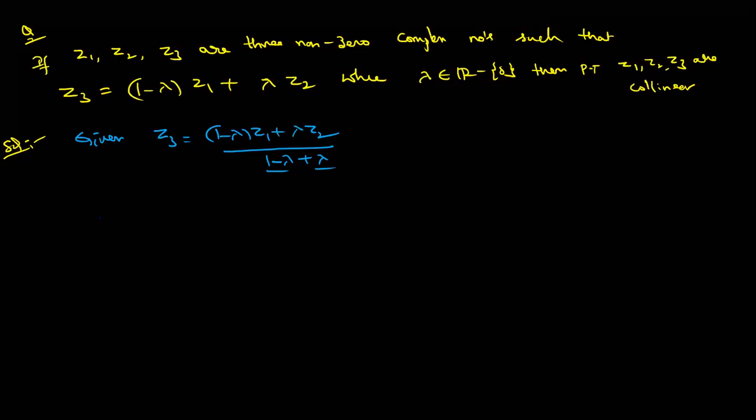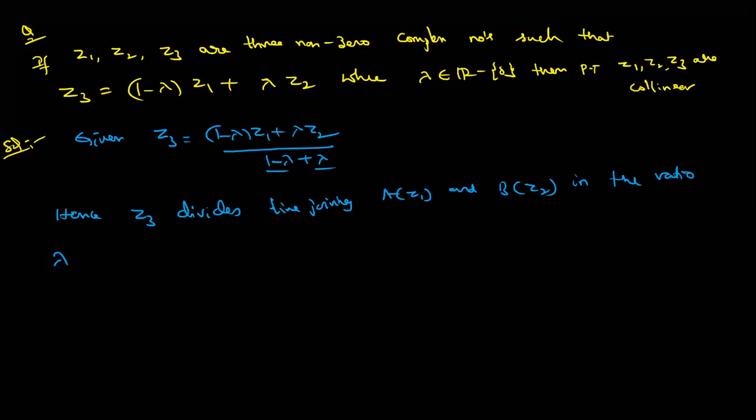So what is the meaning here? Hence, Z3 divides the line joining A of Z1 and B of Z2 in the ratio lambda is to 1 minus lambda.